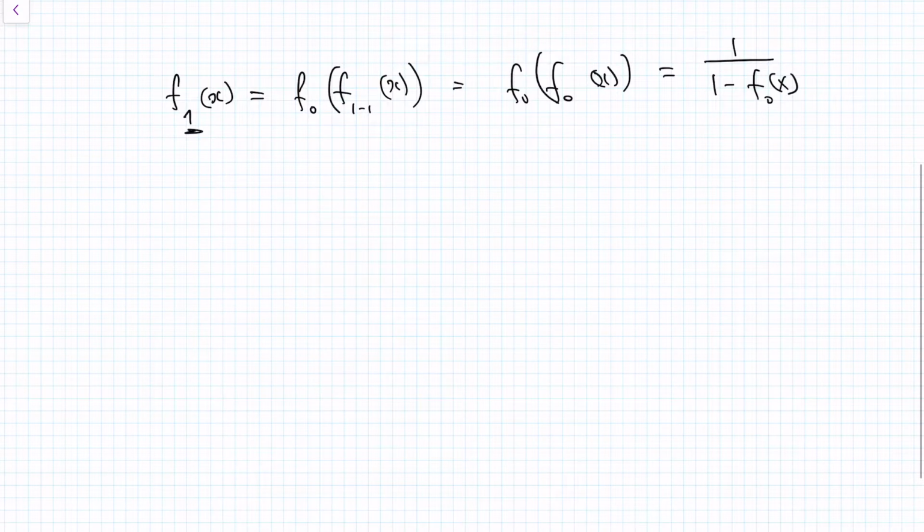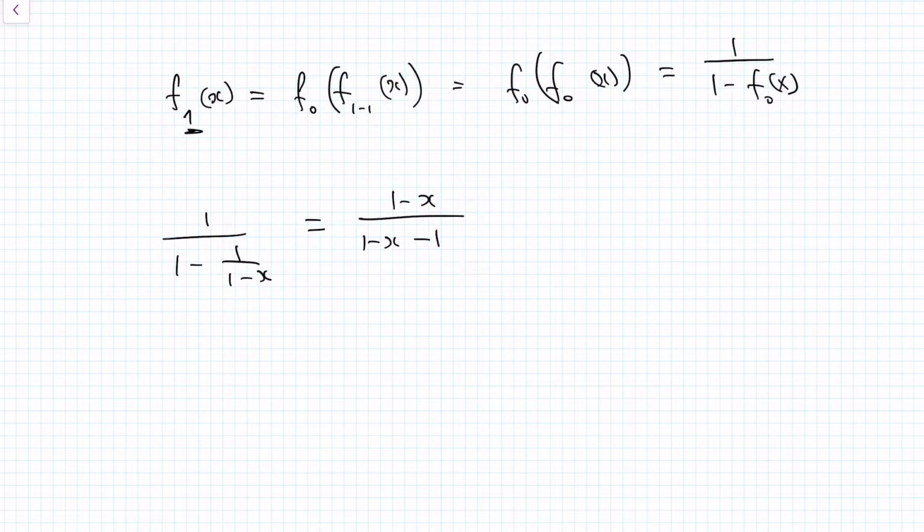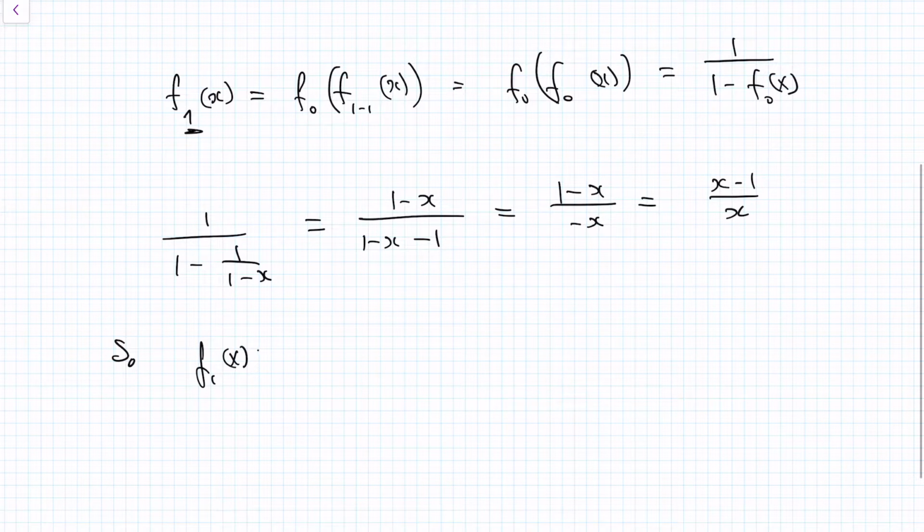But we know f₀(x) is 1 over 1 minus x, so that's the same as (1 minus x) divided by (1 minus x minus 1), which is equal to (1 minus x) over minus x, which can be written as (x minus 1) over x. So f₁(x) is equal to (x minus 1) over x.